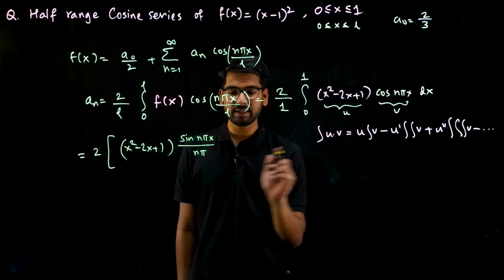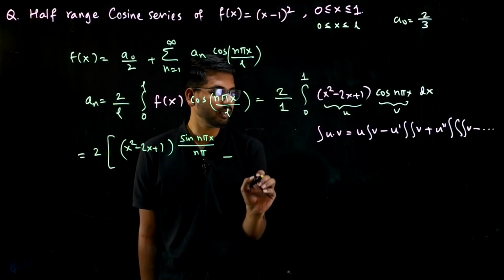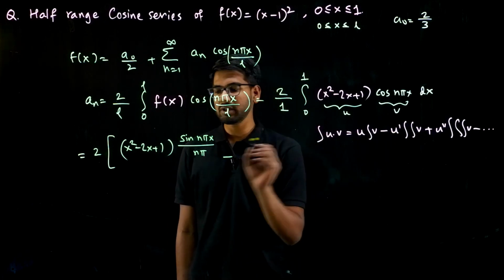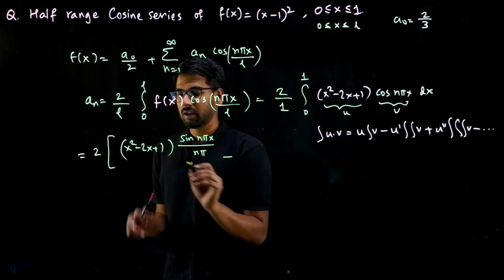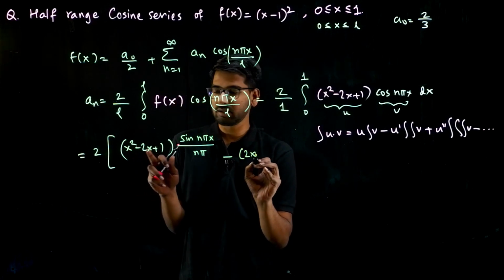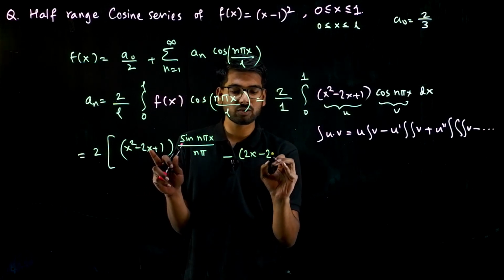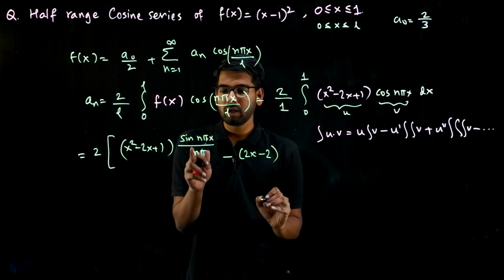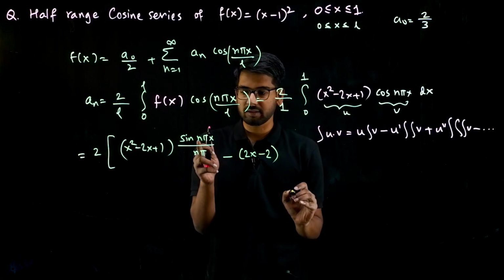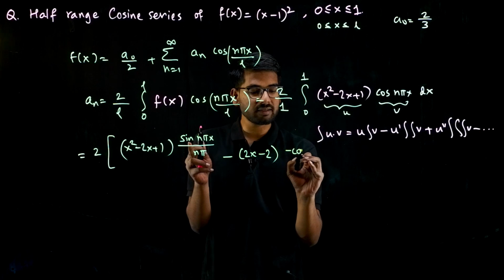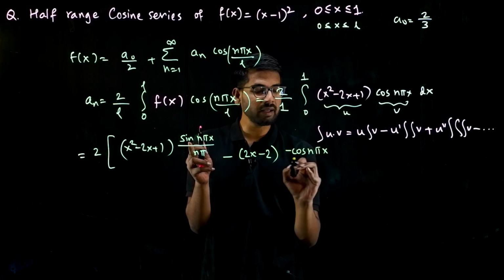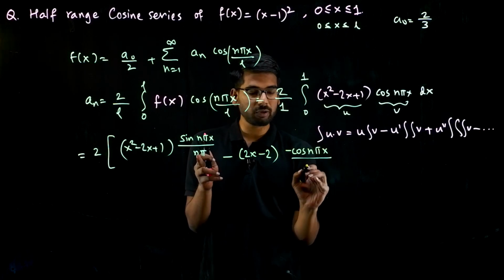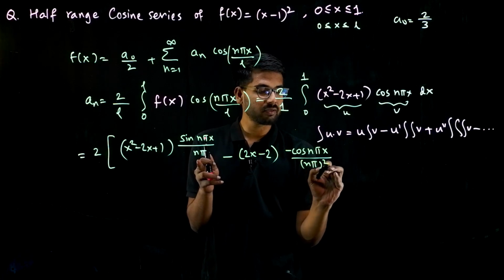Next, minus u dash, which means differentiation of this with respect to x. Differentiation of x square is 2x, differentiation of minus 2x is minus 2, differentiation of 1 is 0. Then integration of sin n pi x is minus cos n pi x by n pi. So this n pi and one more n pi here will become n pi square.